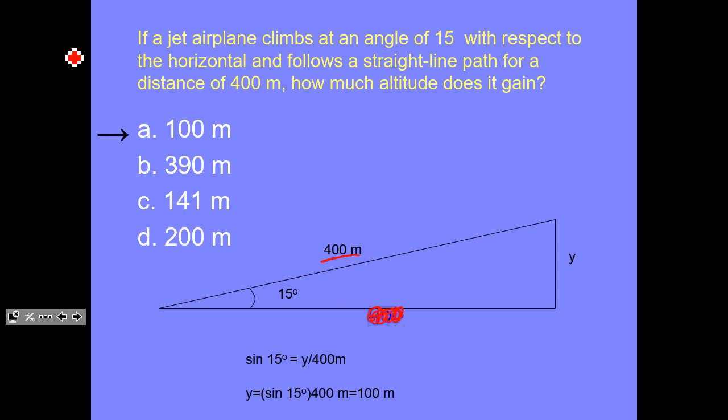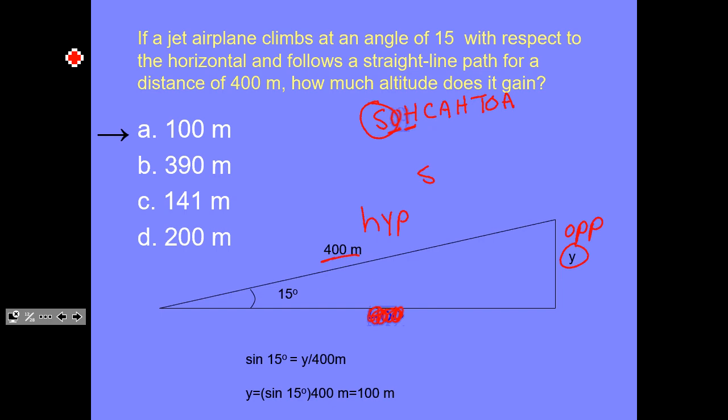So while you're thinking, I want to know what is y right here. That's the opposite. This is the hypotenuse. SOHCAHTOA. If I'm looking at the opposite and the hypotenuse, I'm going to want to do the sine of the angle.